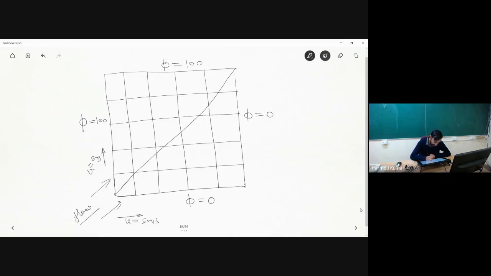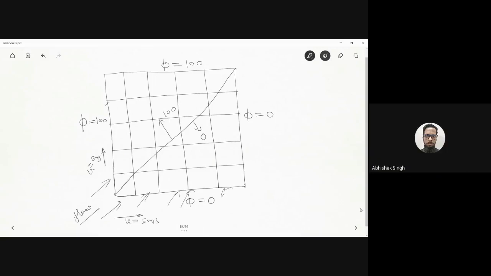So above the diagonal I will have values of phi everywhere as 100, and below the diagonal I will have a value of phi equal to 0, because below the diagonal values propagate from this boundary, and above it they are propagated from this boundary. Okay, is this point clear?